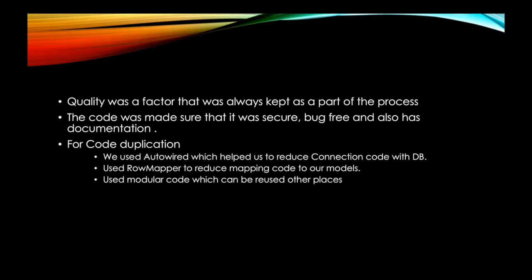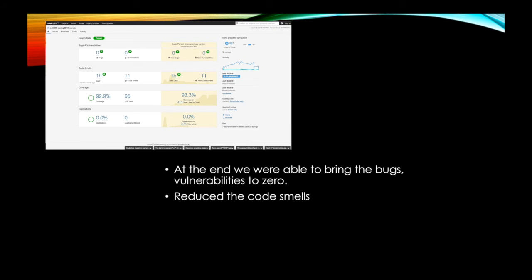Apart from these three points, we also had try catch in our code, in which we handled certain exceptions and performed accordingly. All through this work we had certain bugs which we were able to solve immediately, and in the end we were able to bring the bug count to 0.